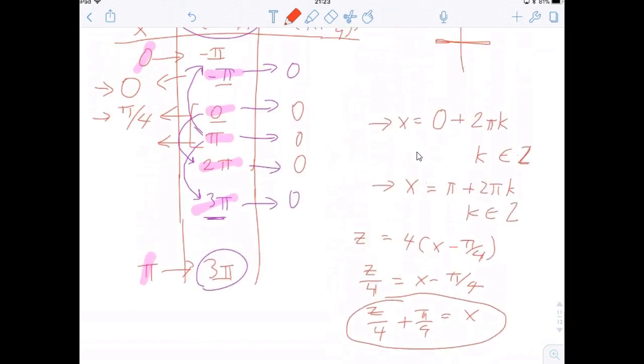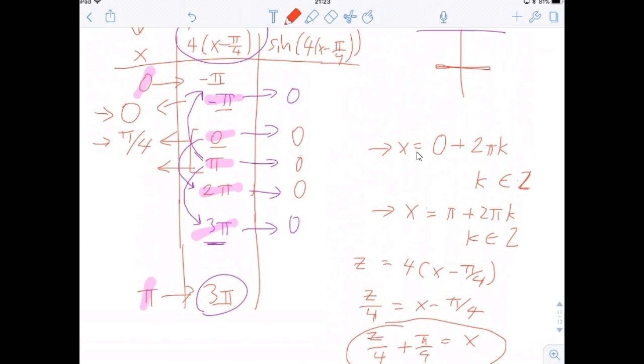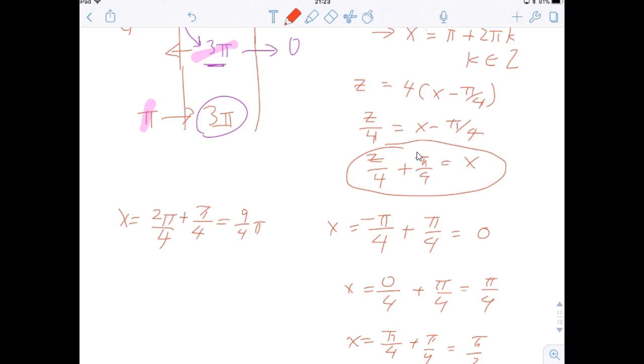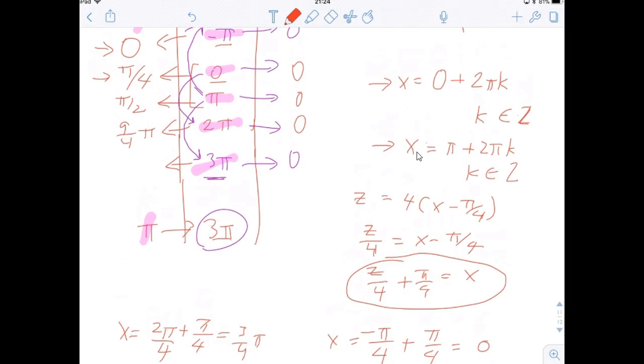So the x value that corresponds to z equals pi is pi over 2. What about 2 pi? Let's try that one. We'll put in 2 pi over 4 plus pi over 4, and that equals, let's see, 3/4 pi, right? Not 9/4 pi, 3/4 pi.